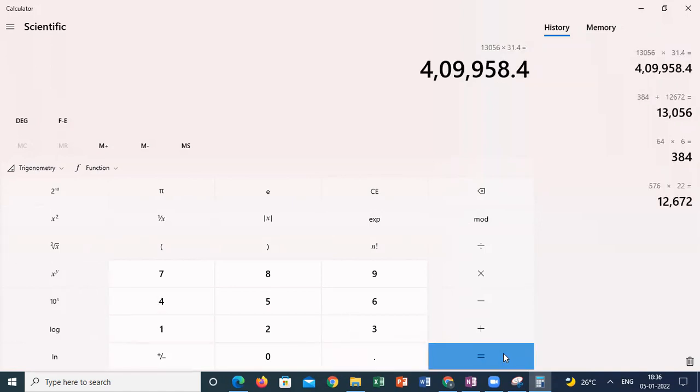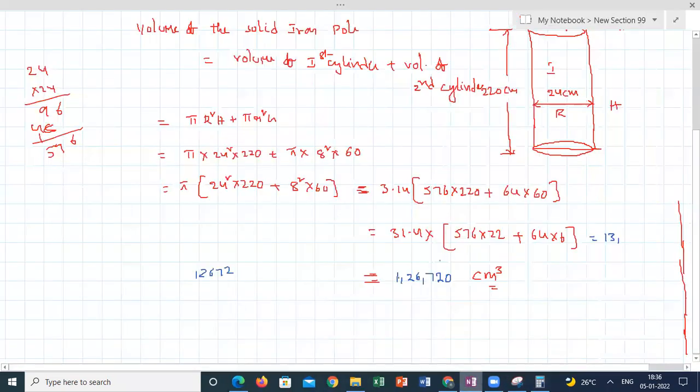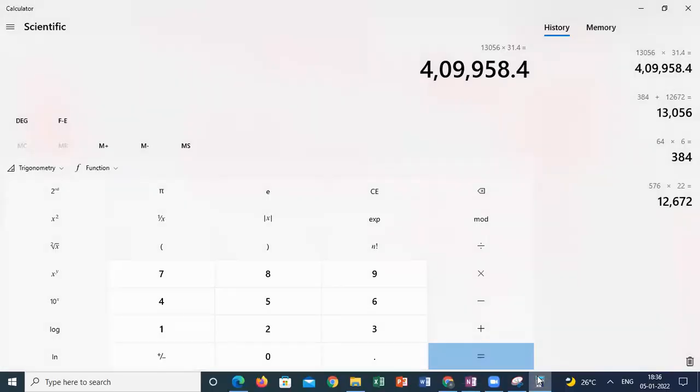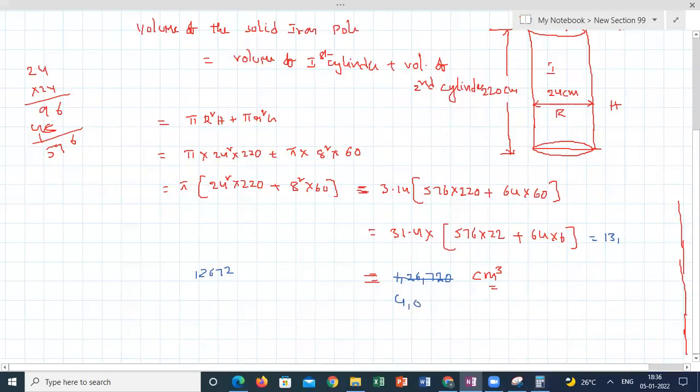I got 4,09,958, ma'am. Yes, sir. I did some calculation mistakes, sir. So here 4 lakhs, 9,958.